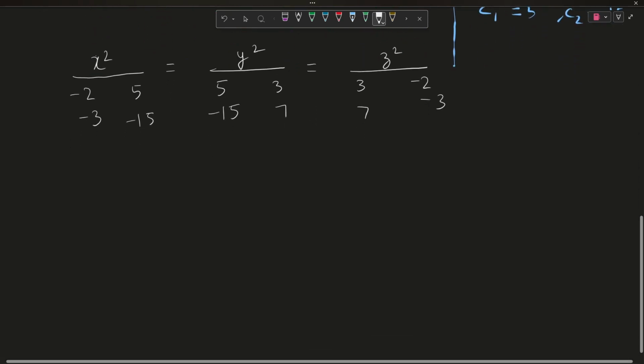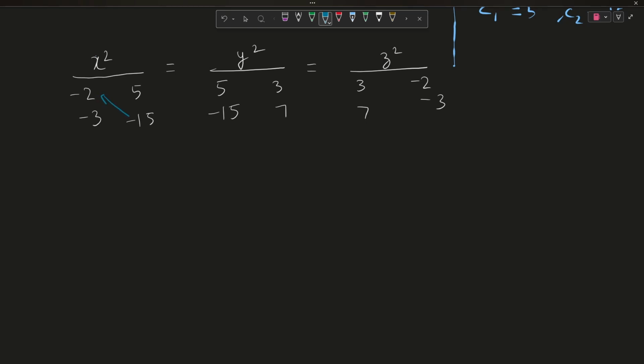Now, as the name suggests, which method are we using? Cross multiplication. So we will multiply these values diagonally and get the answer.